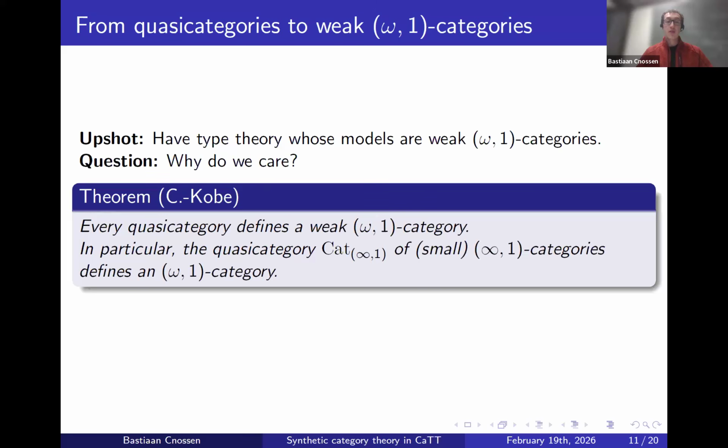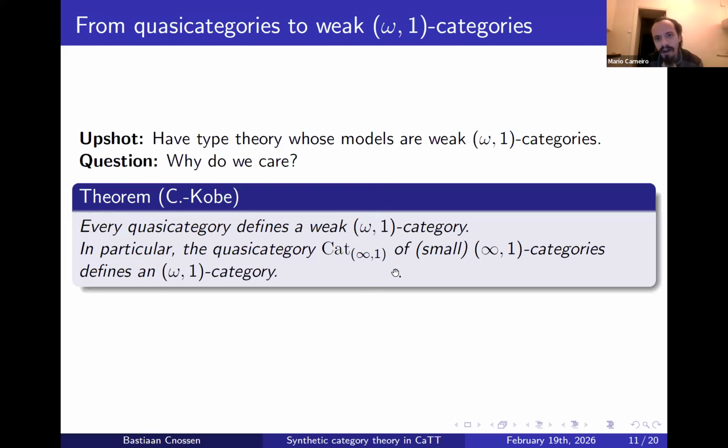The way to go from the left to the right is to show that all the lifting conditions provide you a way to get all the additional cells that are required by the definition of a weak omega-1 category. The way we actually do this is via topological categories, and if people are interested, I can talk more about this at the end. But it's slightly tangential to the topic of the talk, so I won't go much more into this.